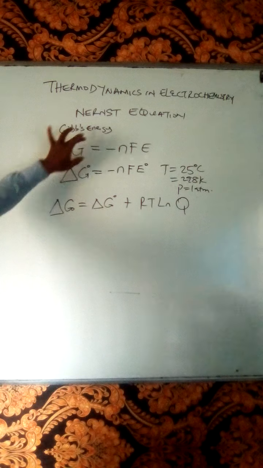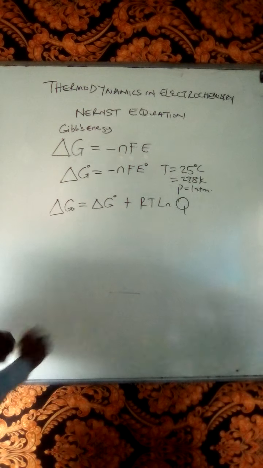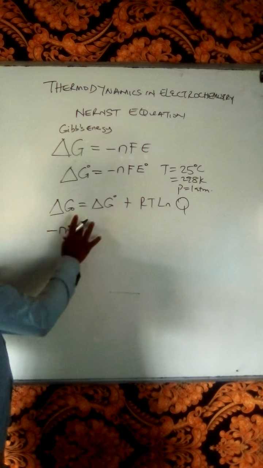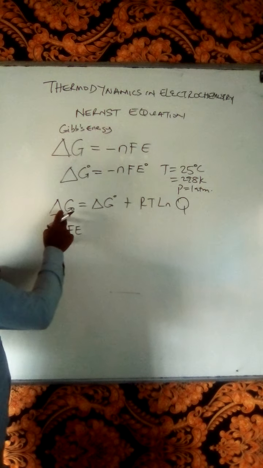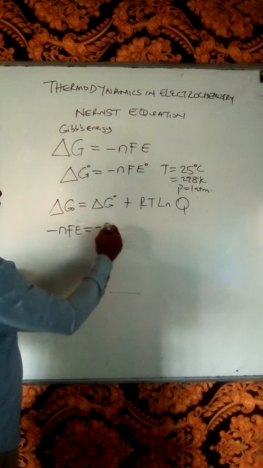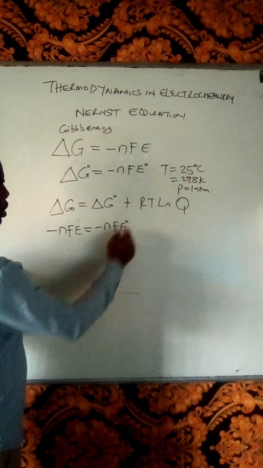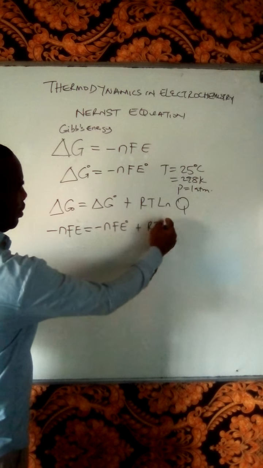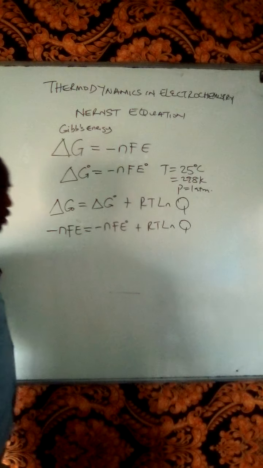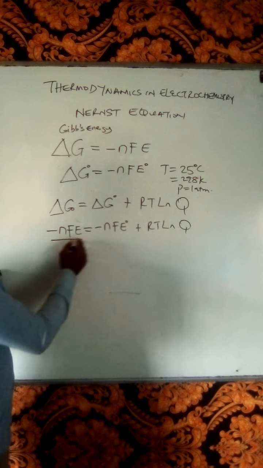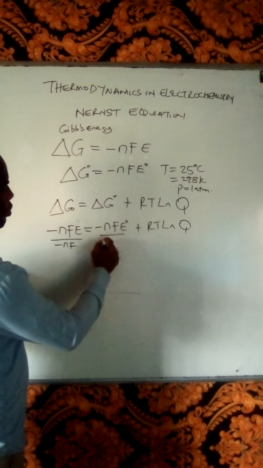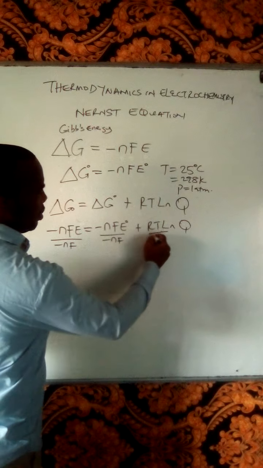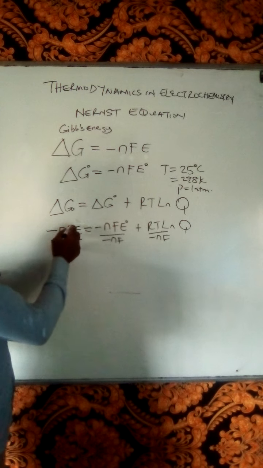Then we substitute these values into this equation. We now have negative nFE equal to negative nFE at standard state, plus RT ln Q. Dividing both sides by negative nF, this will cancel.